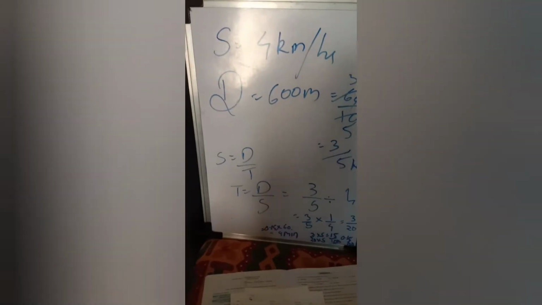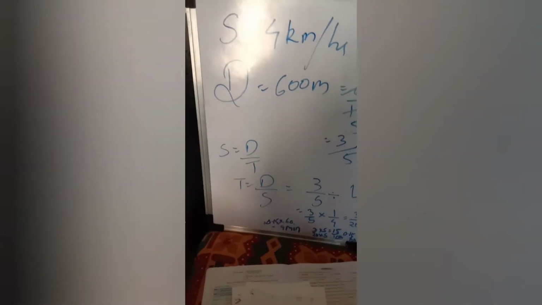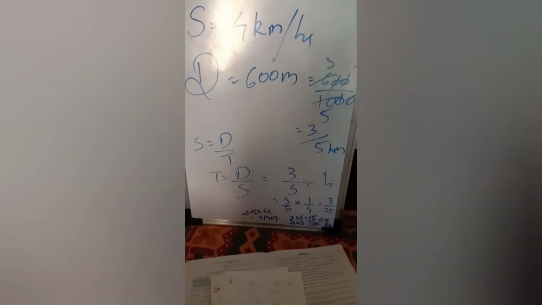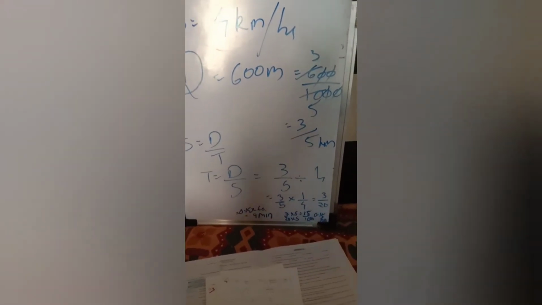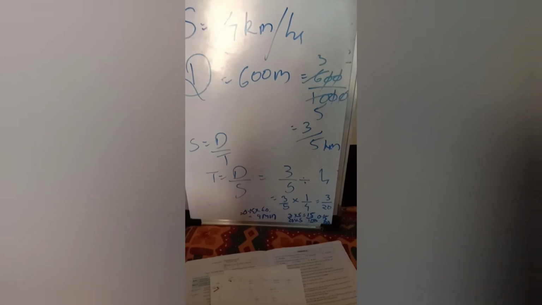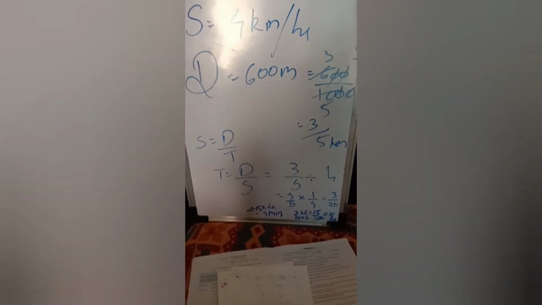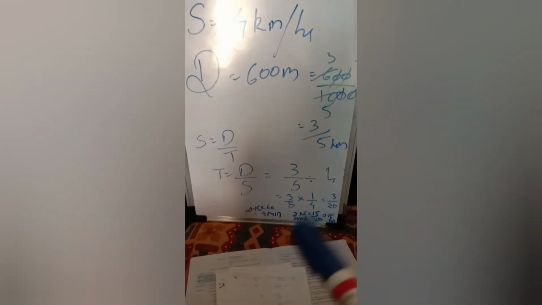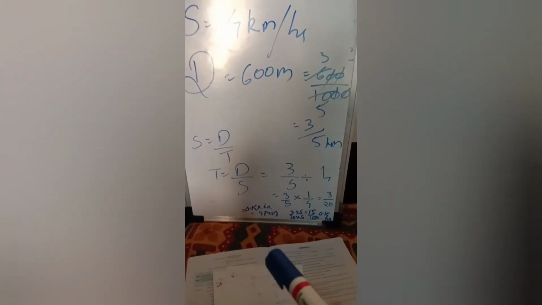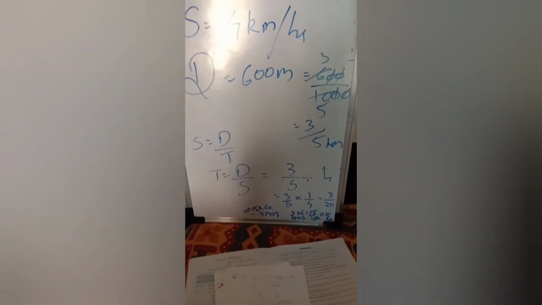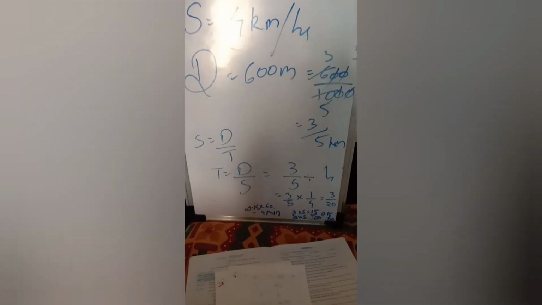So here we are solving the seventh sum where the speed is given in kilometer per hour and distance in meter. We have to find time. So we are converting 600 meter into kilometer, that is divided by 1000, so 3 upon 5. Now speed is distance upon time, so time is distance upon speed, which is 3 upon 5 divided by 4, which is nothing but 3 upon 20.